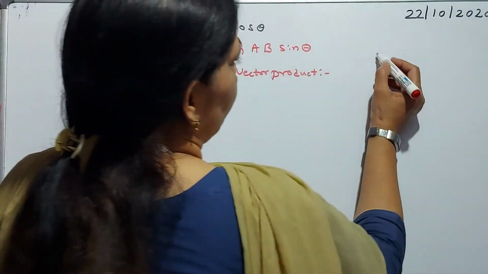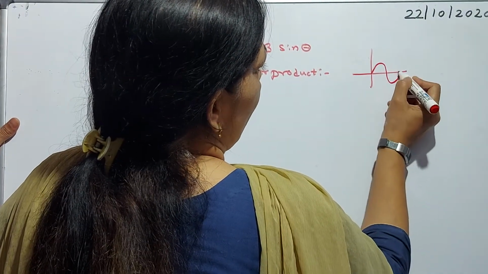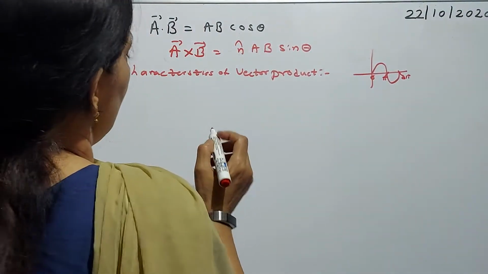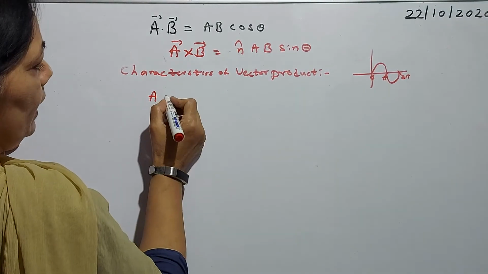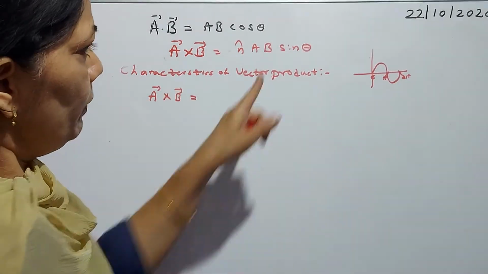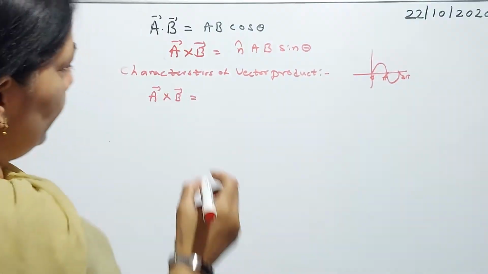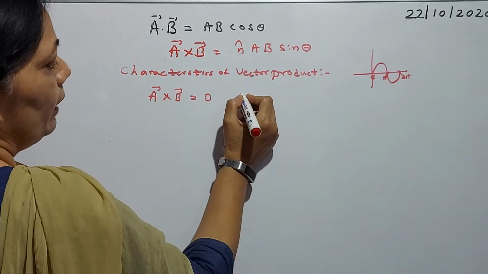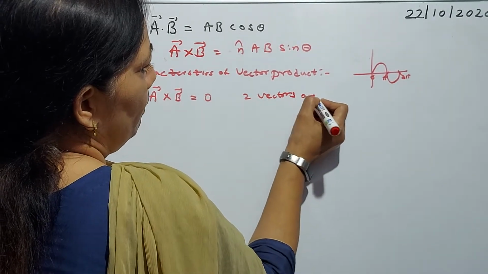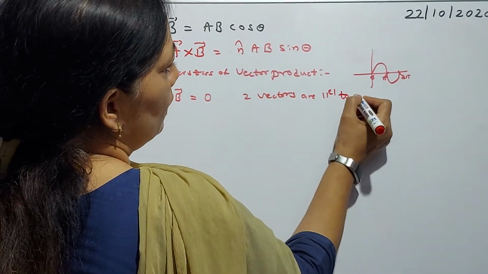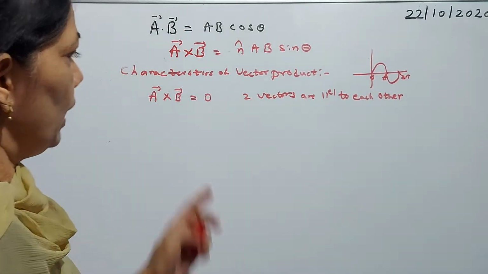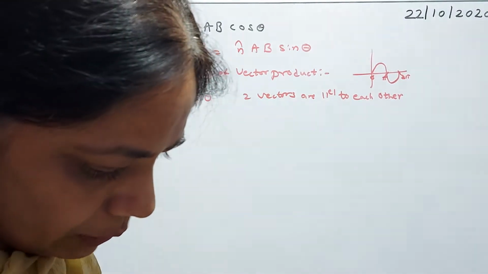What is sine 0? This is my sine angle, 0, pi and 2 pi. Perfect. So when I say that A and B are parallel to each other, angle will be 0. So I can say that A cross B will be 0 when the two vectors are parallel to each other. Theta is 0 degrees. So that time I get A cross B is equal to 0.